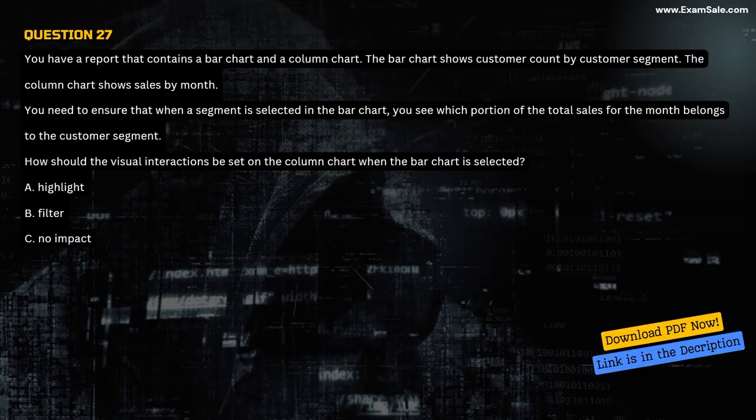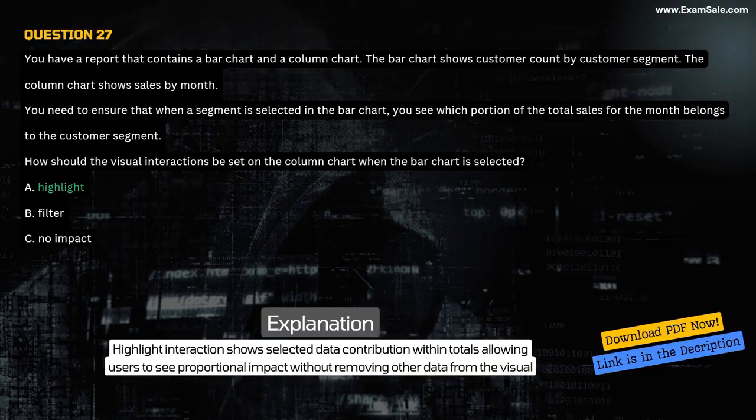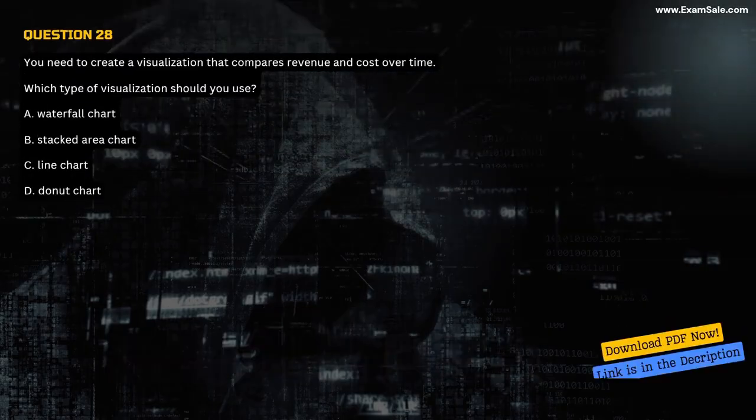A. Highlight. B. Filter. C. No impact. Correct answer A. Highlight. Explanation. Highlight interaction shows selected data contribution within totals, allowing users to see proportional impact without removing other data from the visual.